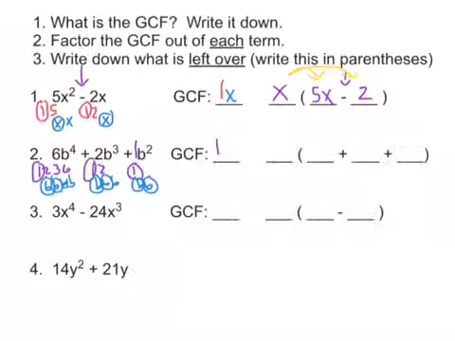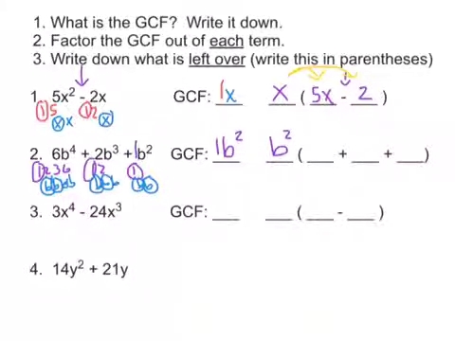Do I have another b in every term? No, I don't, because I don't have any more b's here. So how many was I able to circle? 2 of them, which is not 2b, but b times b, which is b squared. So 1b squared is our GCF. Again, if we want to just write b squared right here, that's fine. We don't need the 1.